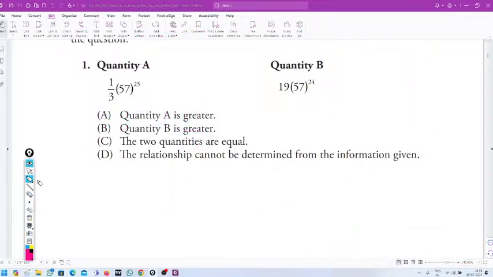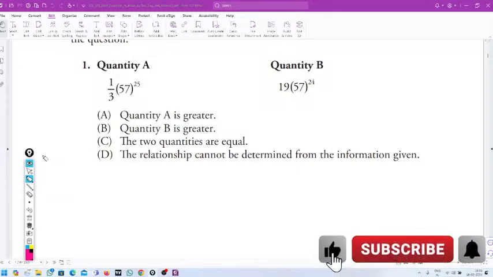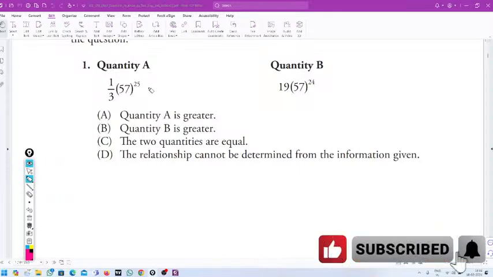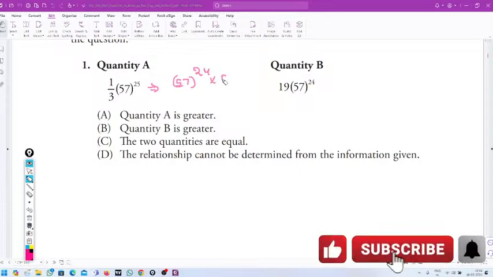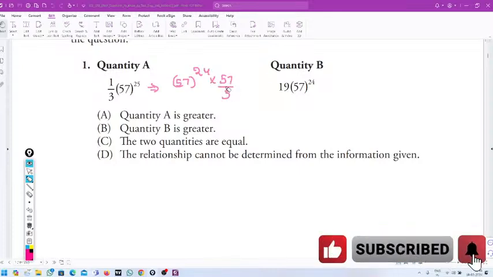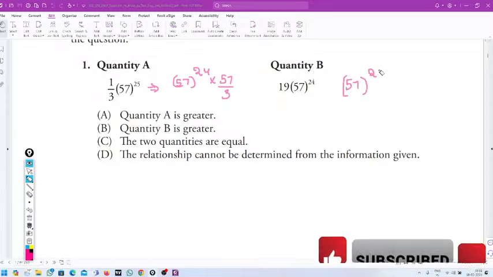Guys, if you observe the sequence, what is the thing I take in common here? 57 power 24 I take in common. So I can write 57 power 24 into 57 by 3, and here I have written 57 power 24 into 19.